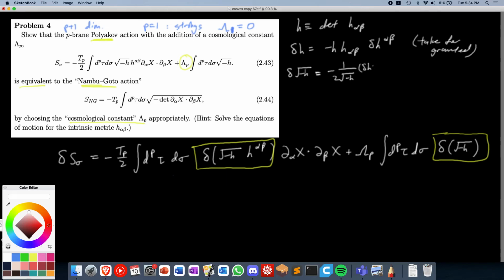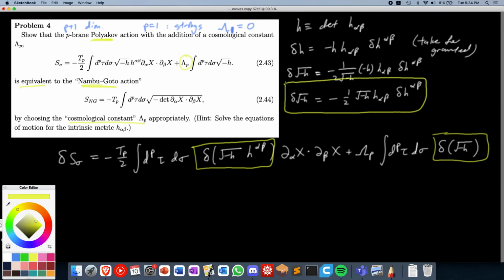Substituting this in, we have minus h h alpha beta, and from this we get minus 1 over 2 square root of minus h, h alpha beta delta h alpha beta. So this is the variation of the square root of minus h. This is a good result, and we substitute this into here.